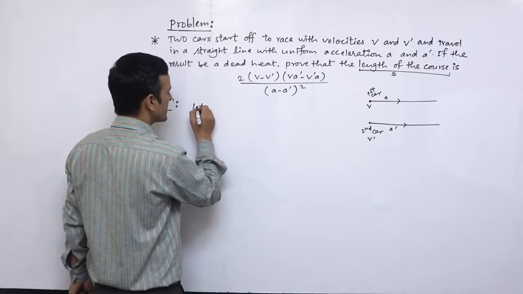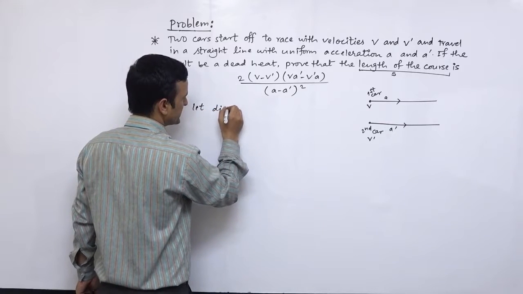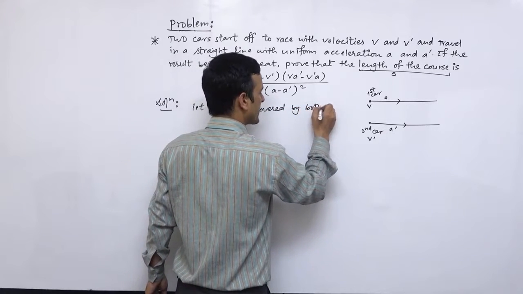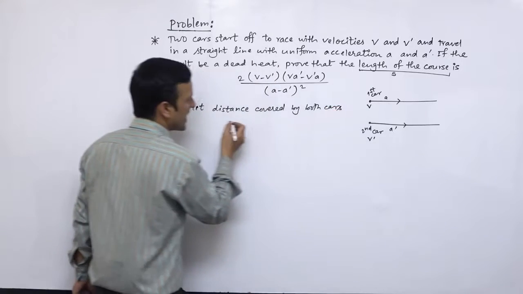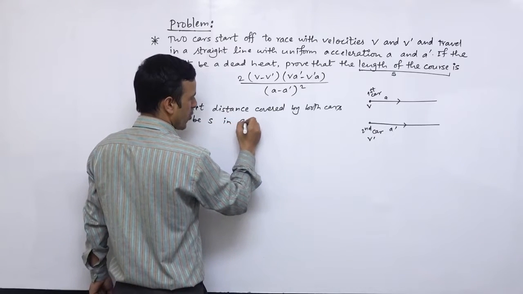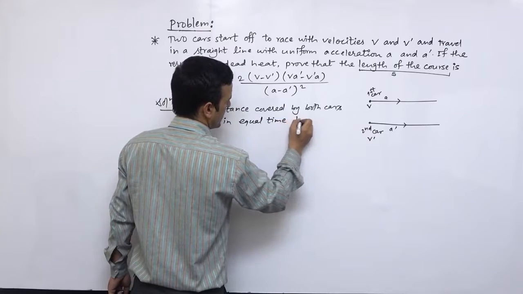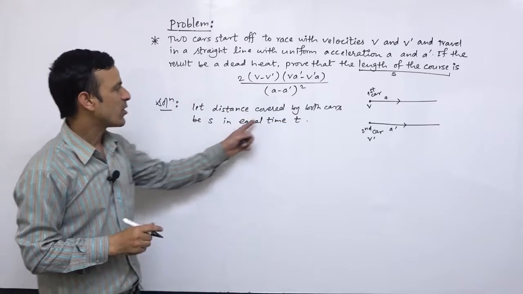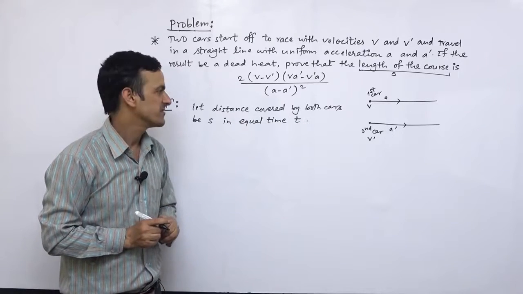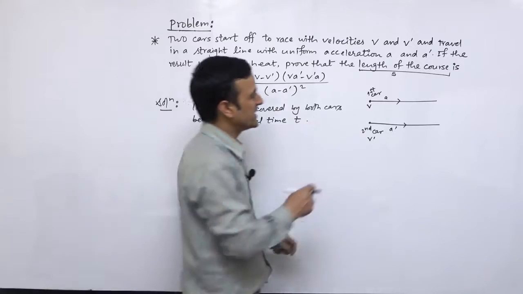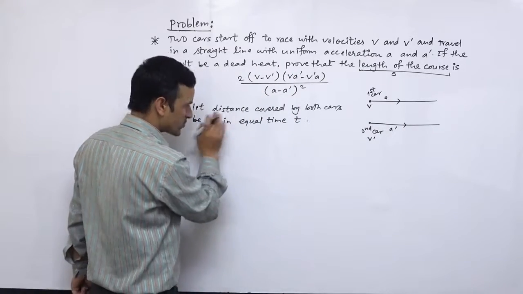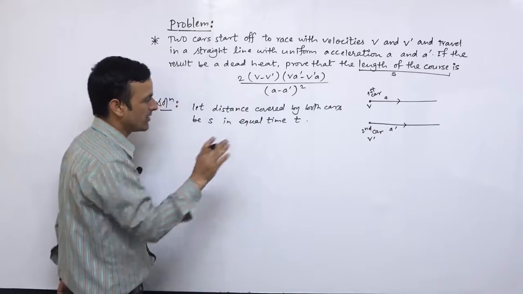Let the distance covered by both cars be s in equal time t. The distance covered by both cars is s, measured in equal time t. Otherwise they would not collide. If distance and time do not match, the two cars will not strike, there is no collision. That's why distance and time should be equal in this case.